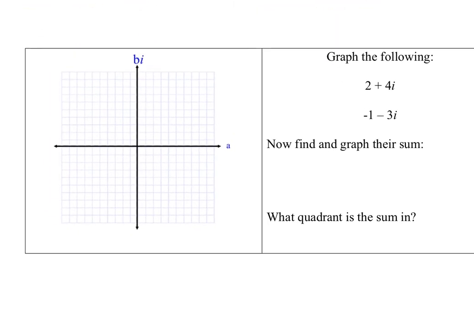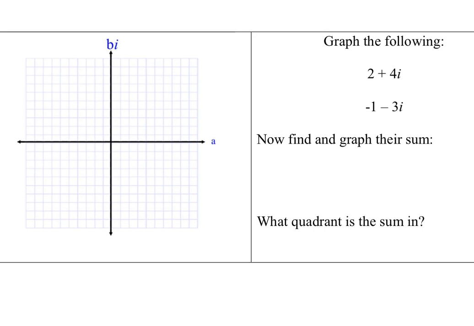So when we come down here, if we want to do the graphing thing again, let's just talk about the graphing. If you want to graph these two, so 2 plus 4i, remember it's graphing 2 comma 4. So 2, 4 would be here, and then you have to draw a little vector. Sorry, it's hard to do that.